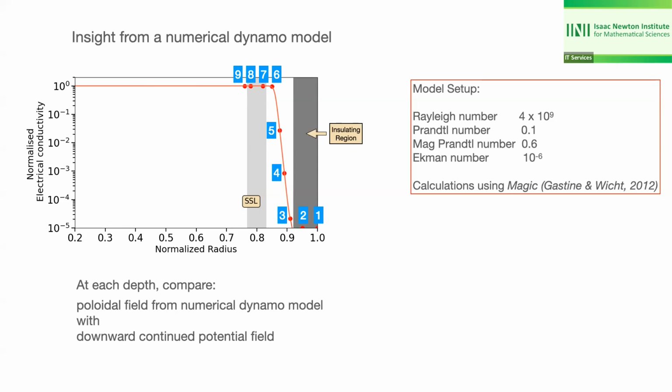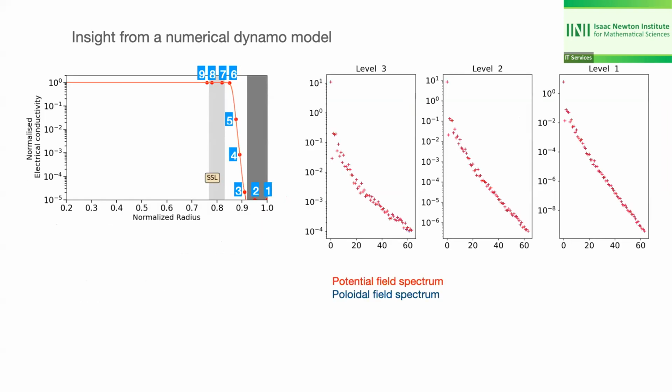So we're going to make this comparison at each depth as we downwardly continue. So what I'm doing in these plots is to show the potential field spectrum as a function of spherical harmonic degree in red and the poloidal field spectrum in blue.